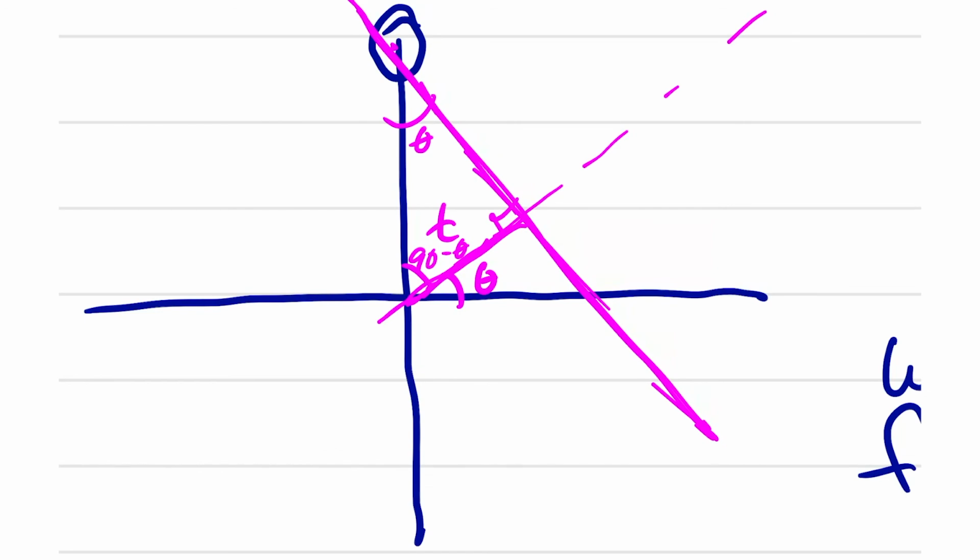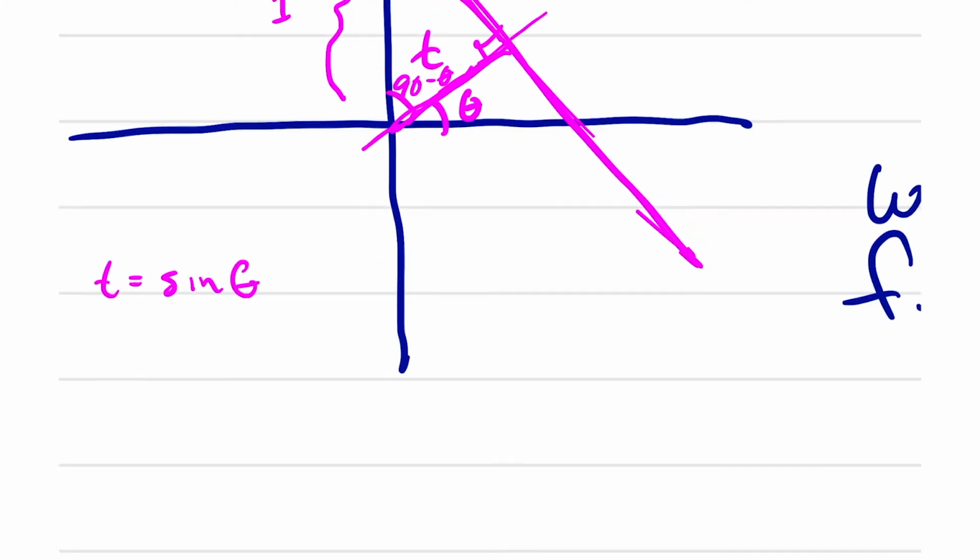So if we want to figure out what t is, this is our hypotenuse here, and this height here is just 1, because we said that this circle is centered at (0, 1). And so if we want to figure out whatever t is, it's going to be equal to sine of theta, right?